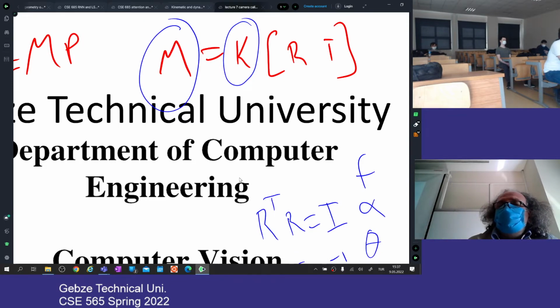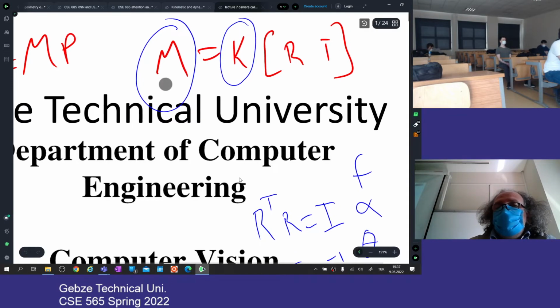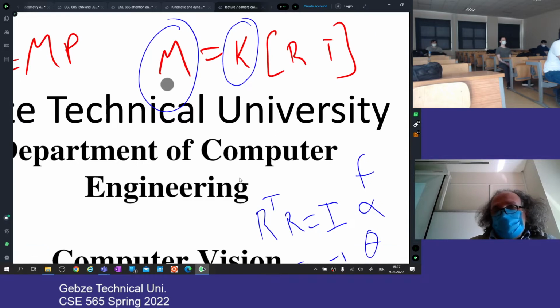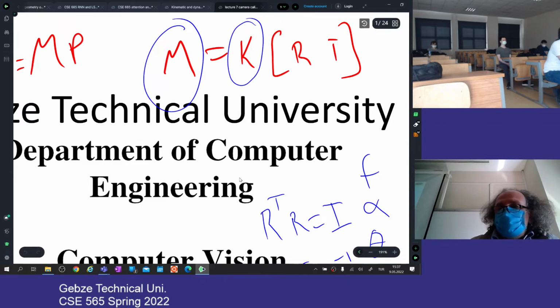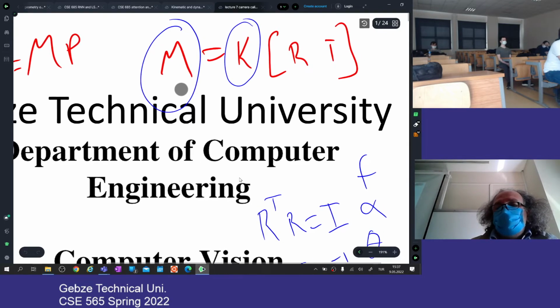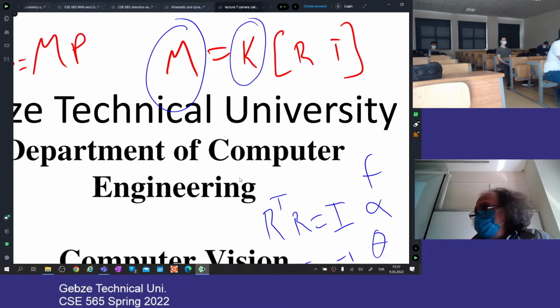So if I multiply these three, I will get a 3 by 4 matrix. This is the projection matrix. If you find the projection matrix, that doesn't mean that you automatically found the calibration parameters. If you know the calibration parameters, you can definitely get the matrix M. You just multiply them. But going in the other direction is a little bit tricky, and that's what we are going to do in this chapter of the book, Calibration.